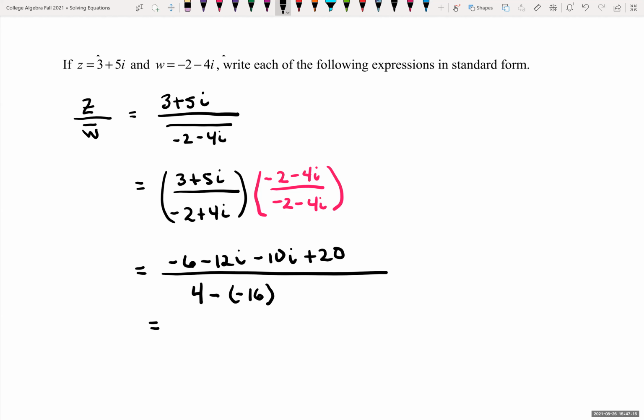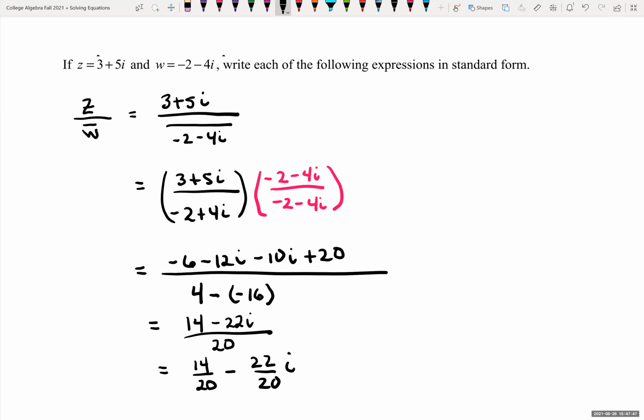So in the numerator, let's combine our real parts and our imaginary parts. So negative 6 plus 20 is positive 14. Negative 12i minus 10i, so minus 22i. All over 4 plus 16, which is 20. So when we rewrite this as two separate fractions, we have 14 over 20 minus 22 over 20i.